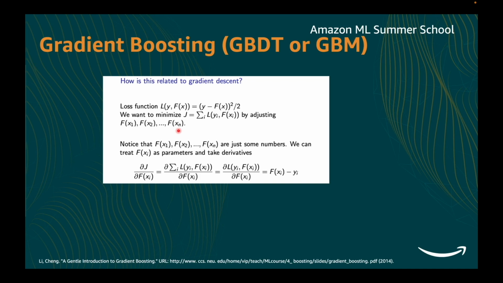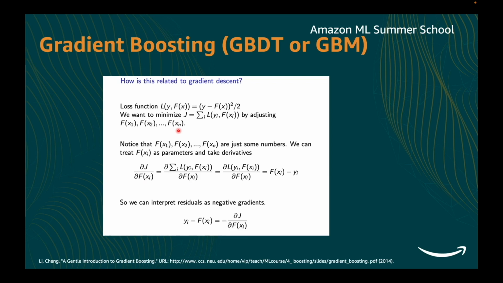So you can treat them as parameters, and you can basically calculate the derivative of this loss with respect to them. The loss over here is your simple loss function, your squared loss, right?